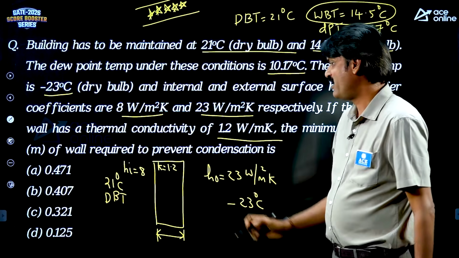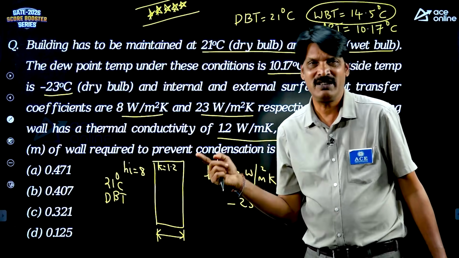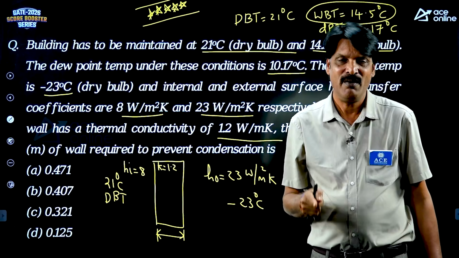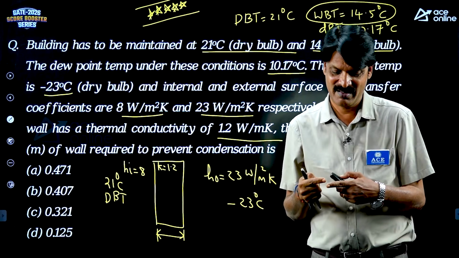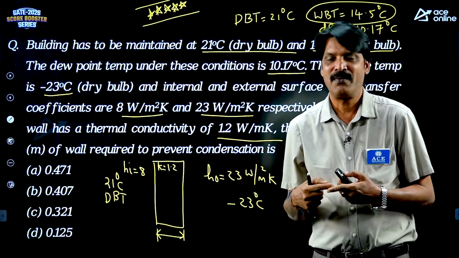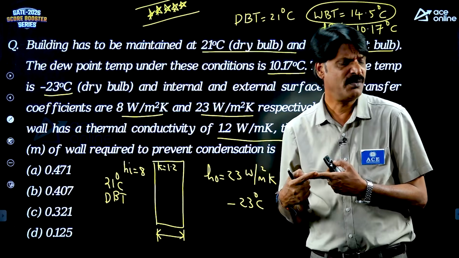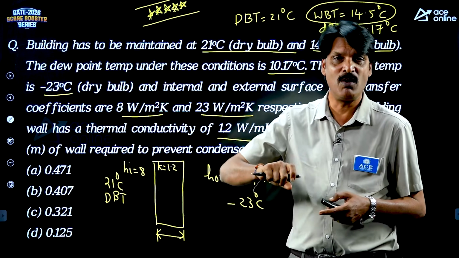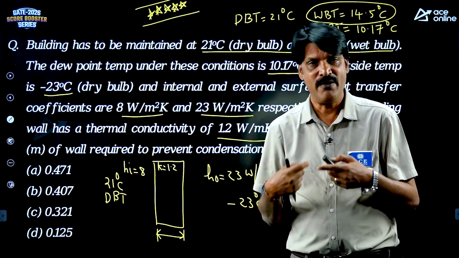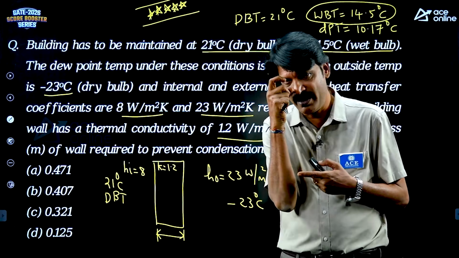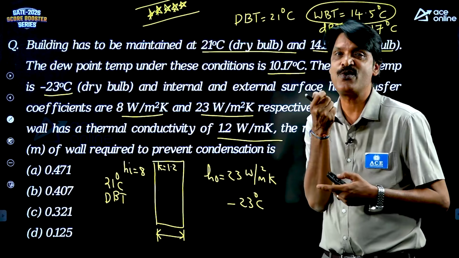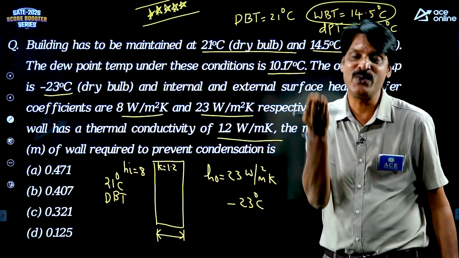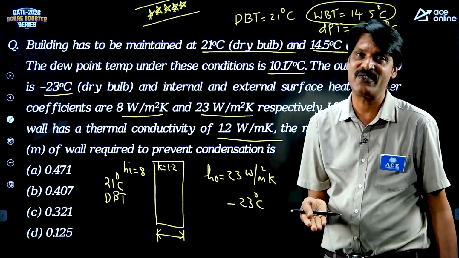Dry bulb temperature is the temperature that is measured by the thermometer when the air is completely dry. Wet bulb temperature is the temperature of moist air, that means moisture plus dry air, where its bulb is completely covered with a wick, and it will absorb that moisture and give you a temperature lower than its dry bulb temperature.